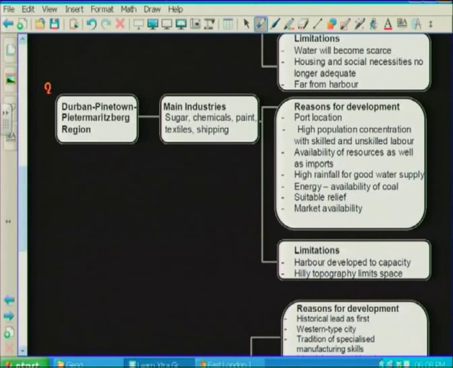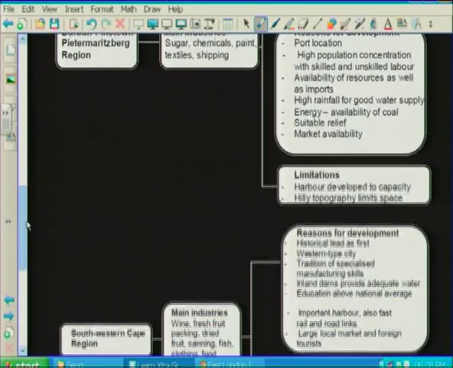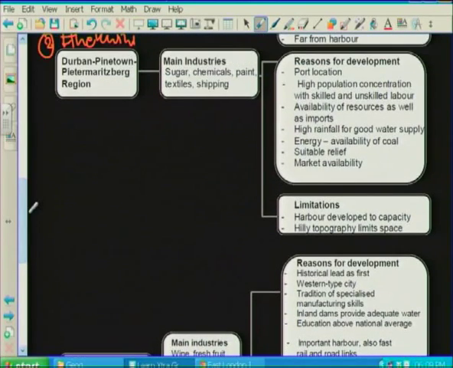The second region, eThekwini, or what's also known as the Durban Pinetown region. Remember, Pietermaritzburg area: sugar, chemicals, paint, textiles, shipping. The fact that it's next to a harbour or a port location, skilled labour, good rainfall, water supply, all of those things over there, suitable relief and market availability makes it a good place to have an economic hub or a centre.